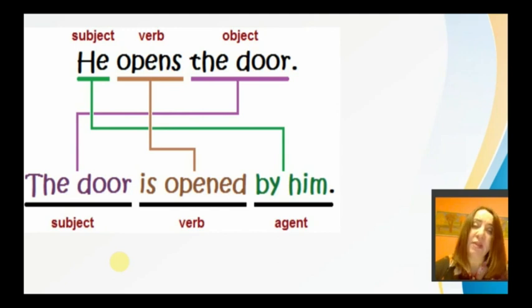When we convert this active sentence into passive sentence, we get the door as a subject, is opened as a verb, in fact, is to be opened past participle, and by him is an agent. What is an agent? I think we will see that a little bit later.